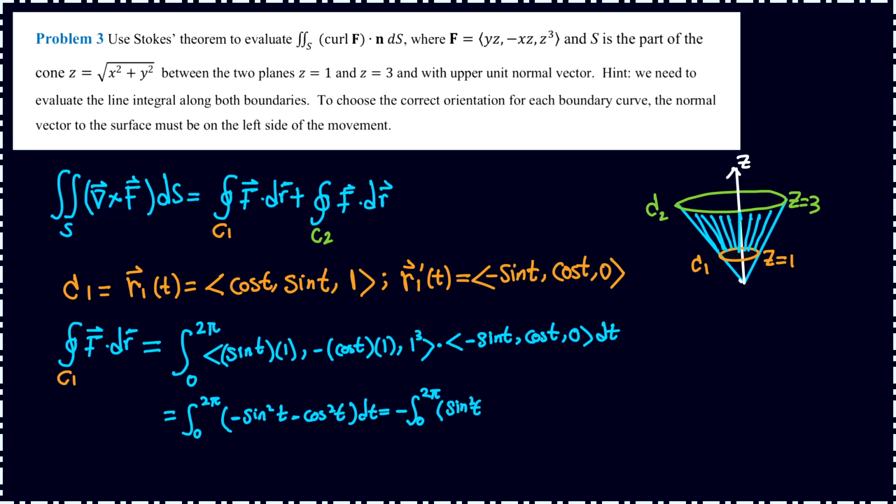And use the Pythagorean identity for trigonometry. You have sine squared t plus cosine squared t, which is 1.